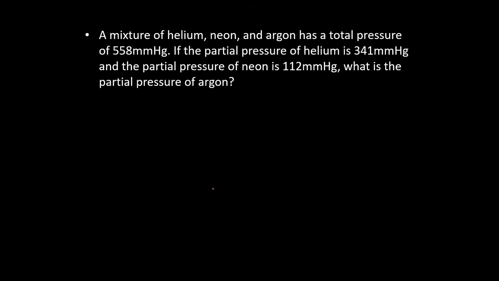If the partial pressure of helium is 341 millimeters of mercury, and the partial pressure of neon is 112 millimeters of mercury, what is the partial pressure of argon? So we're told we have a mixture of 3 different noble gases, and we're asked to find the partial pressure of one of them. So go ahead and pause the video and try to work this out on your own, and we'll work it out together here in just a second.